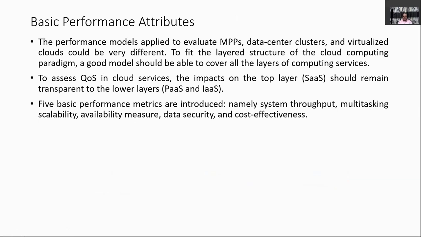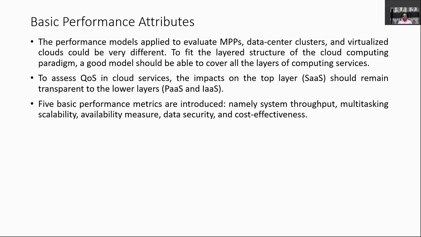The performance models applied to evaluate MPPs, massively parallel processors, data center clusters, and virtualized clouds could be very different. To fit the layered structure of the cloud computing paradigm, a good model should be able to cover all the layers of computing services.